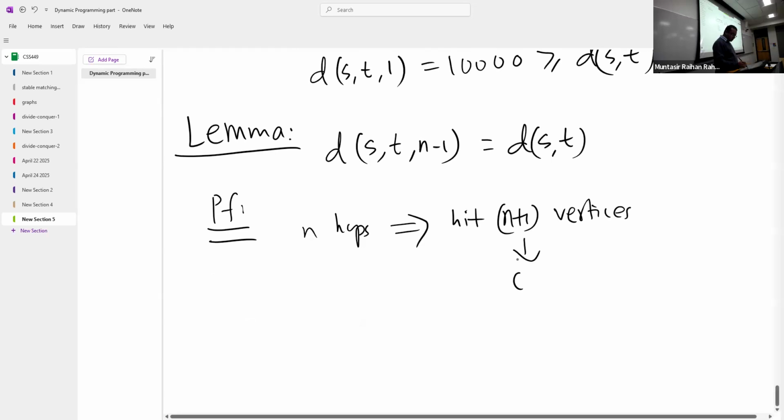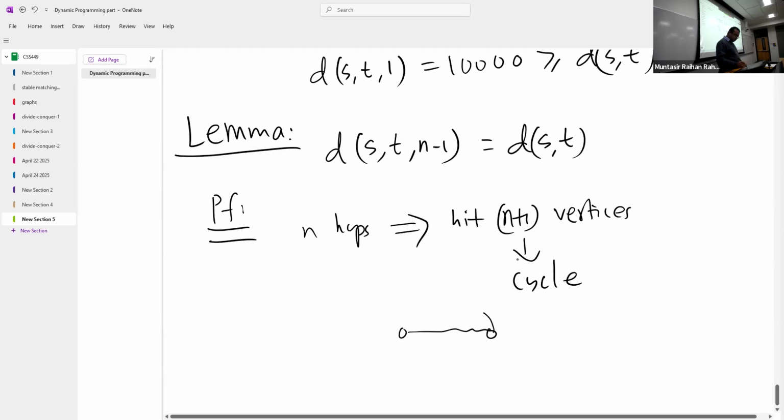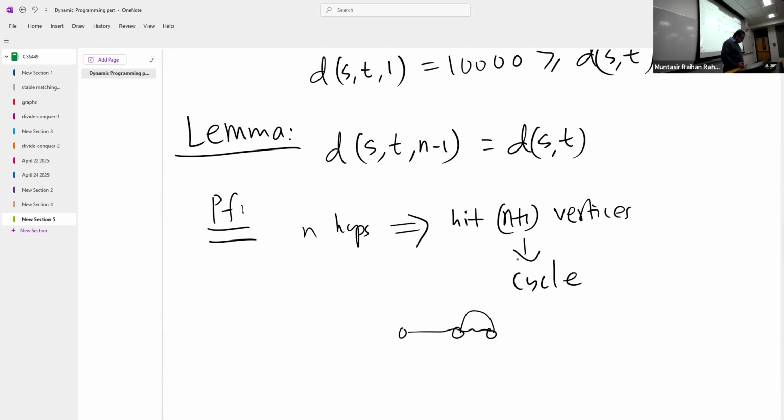We know that there are no negative weight cycles, so this cycle weight is positive. So it's kind of like this, where you have a cycle, and this has a positive total weight.